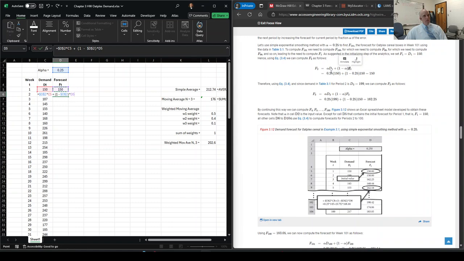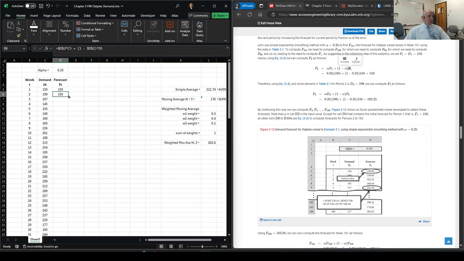So we're going to get the 0.25 alpha times the demand of period 1 plus, open parentheses, 1 minus alpha, close parentheses, times the forecast for period 1. This is the simple exponential smoothing forecast approach. Now when I hit enter, I get 150.